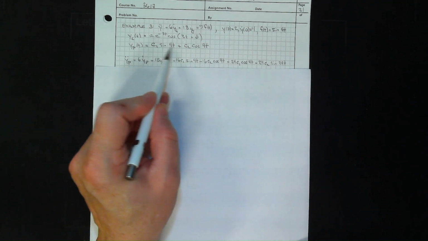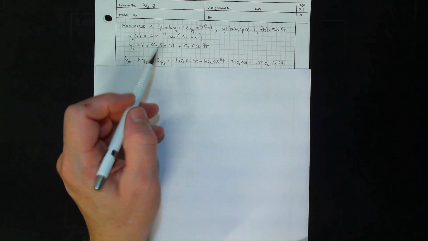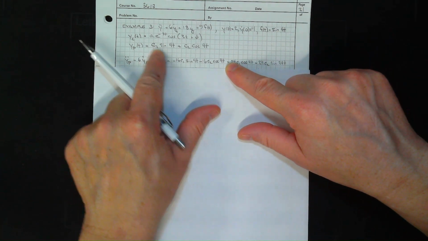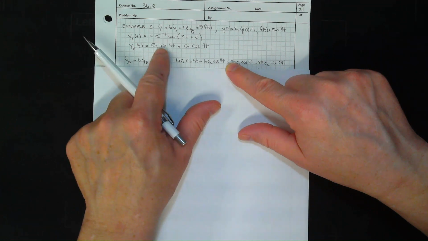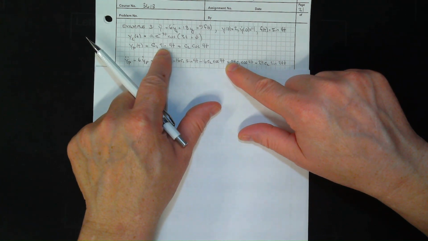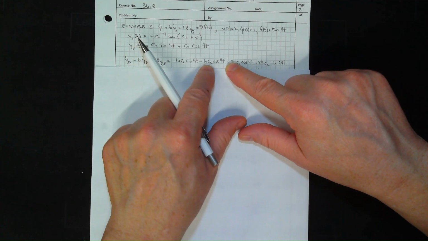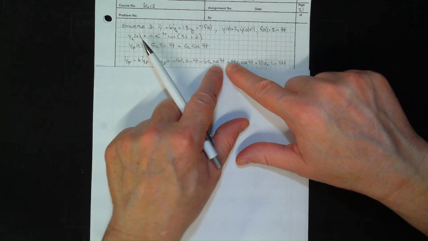All right, these are sines and cosines, so they have second derivatives. So if we look here, we have the second derivative of this term. This becomes minus 16c1 sine of 4t and minus 16c2 cosine of 4t.